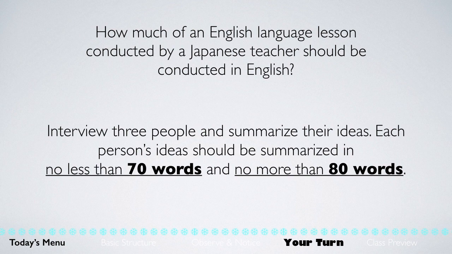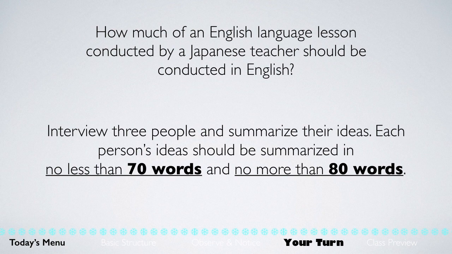Each person should receive 1 paragraph, and each paragraph should be within 70 and 80 words. I would like you to be strict on yourself here and take up the challenge to restrict the number of words with which you summarize each person's opinion.